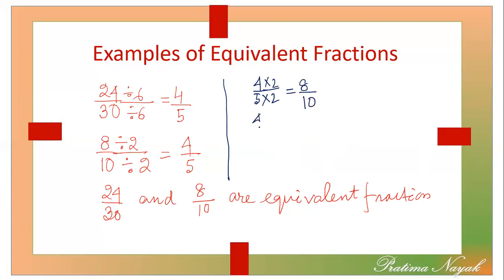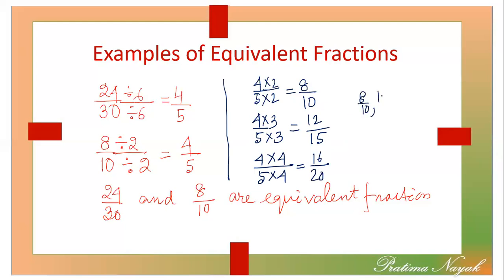Next, I can multiply 3, I get another fraction equivalent to the original fraction. I can multiply 4, I'll get another, that means both the numerator and denominator I'm multiplying with the same number. So 8 by 10, 12 by 15, 16 by 20 are all equivalent fractions. Can you make more? Yes, you can make infinite. Infinite means many.